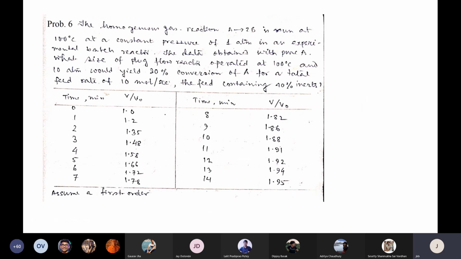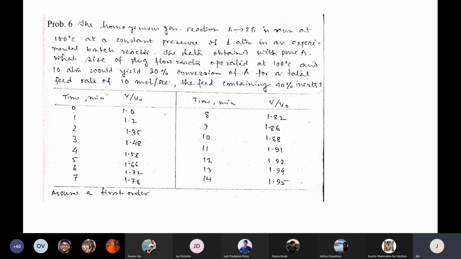This is a problem of variable volume. Constant pressure but variable volume reaction. Volume increases twice. A to 2B is the stoichiometry. So the problem statement is: homogeneous gas reaction A to 2B is run at 100 degrees centigrade at a constant pressure of 1 atmosphere in an experimental batch reactor.